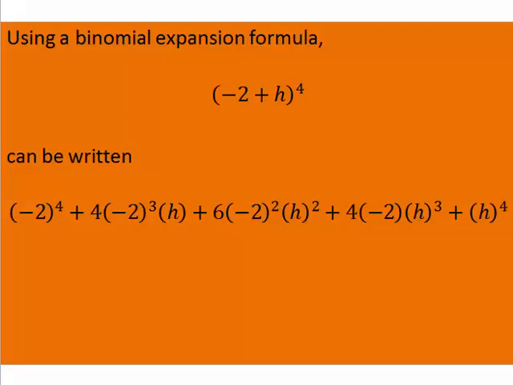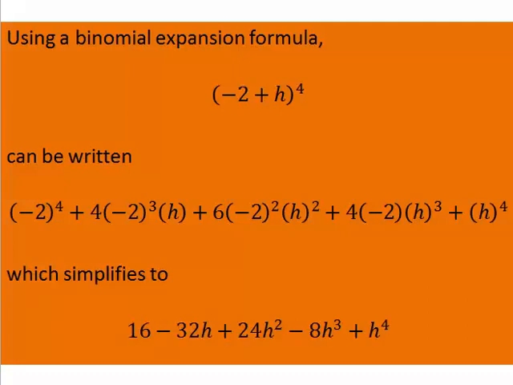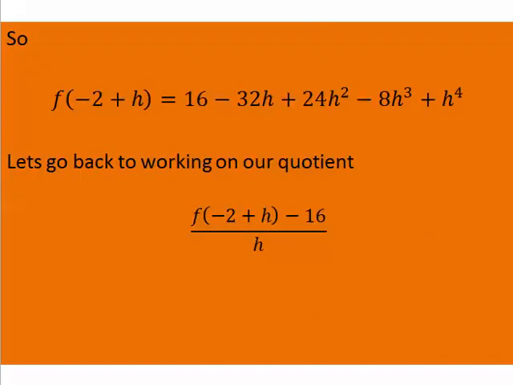So using the binomial formula, this is what I get. Of course, it needs to be cleaned up. It's pretty messy right now. So I go ahead and clean it up. And now go back to working on our quotient.